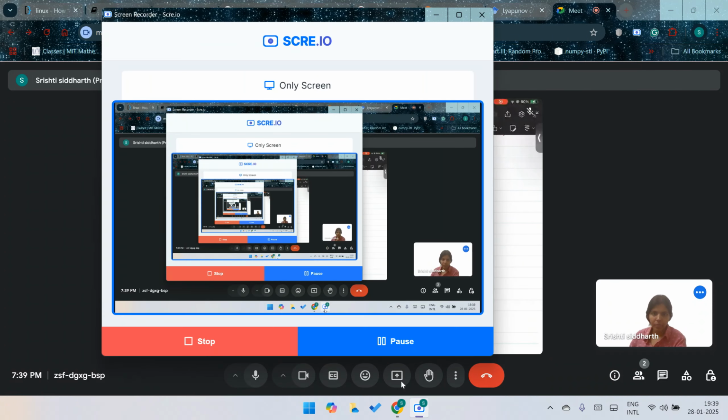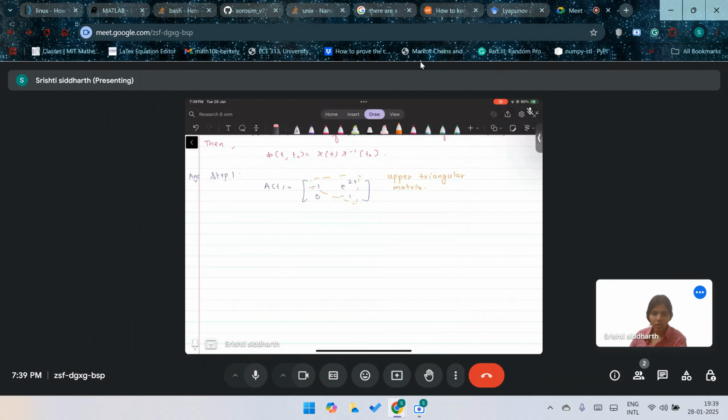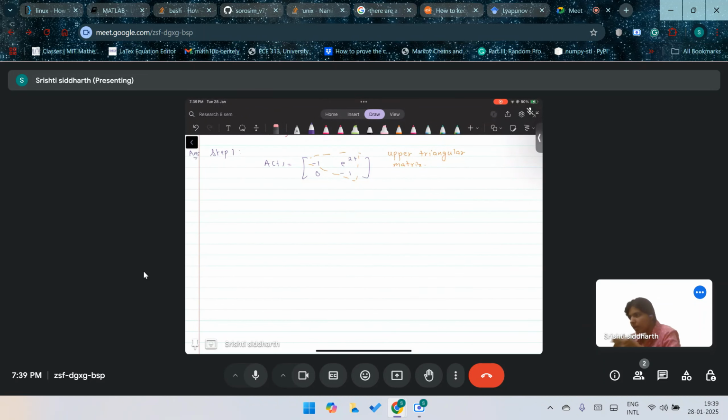Alright, so let's see. Okay, so x2 dot at any time is simply minus x2 of t. So this is an LTI system, which implies that the solution is simply e to the power minus t times x2 at 0.